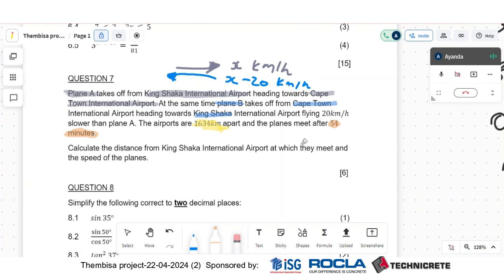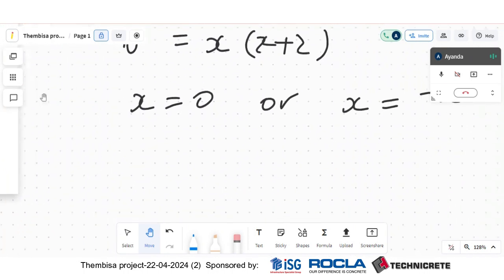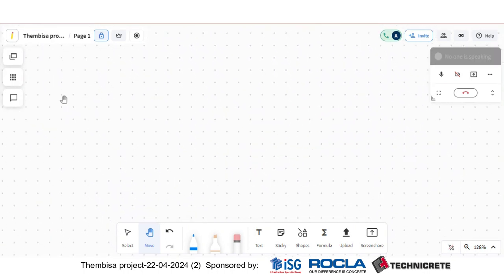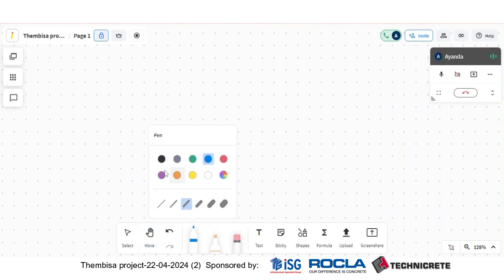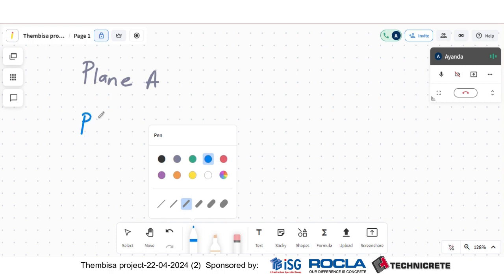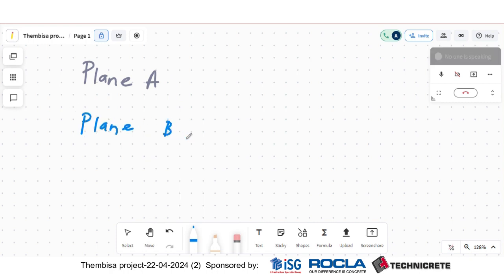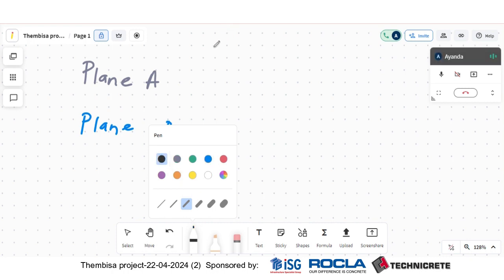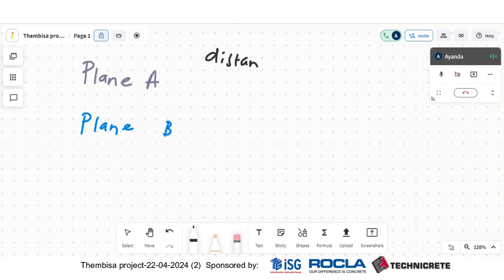So we need to find out where exactly they met. What's the distance from King Shaka International Airport? And what was the speed of each plane? Let's summarize that information. Let's use purple for plane A and blue for plane B. And we're going to have distance, speed, and time.